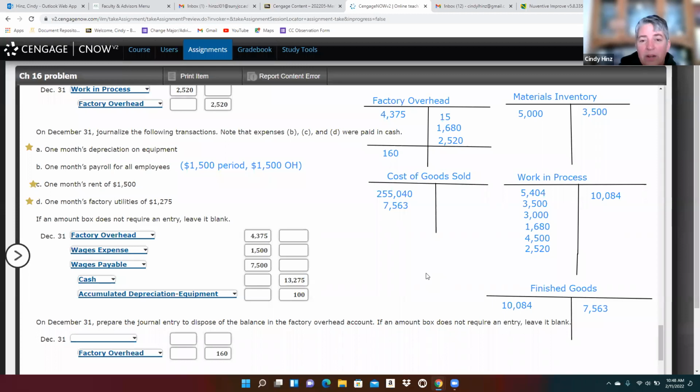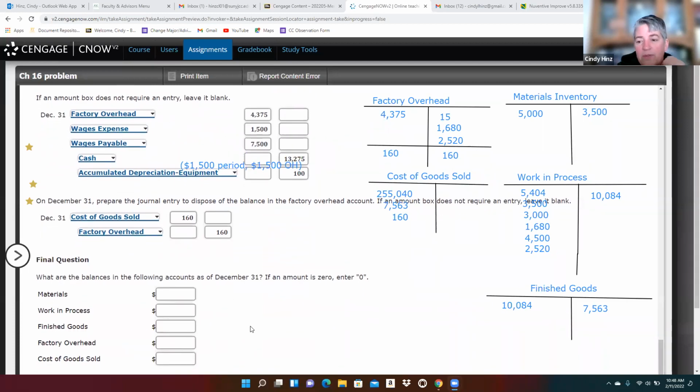Since it's not a material amount, since it's less than 5% of the total, we simply move it to cost of goods sold. And so if I were to put this entry into our T accounts, it would be a debit to factory overhead and, excuse me, I said that backward. It would be a credit to factory overhead and a debit to cost of goods sold. Now that factory overhead account has a zero balance.